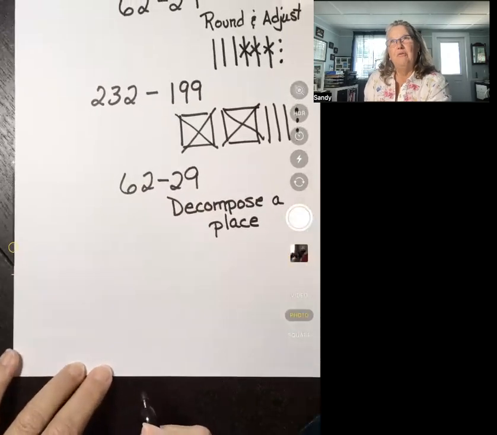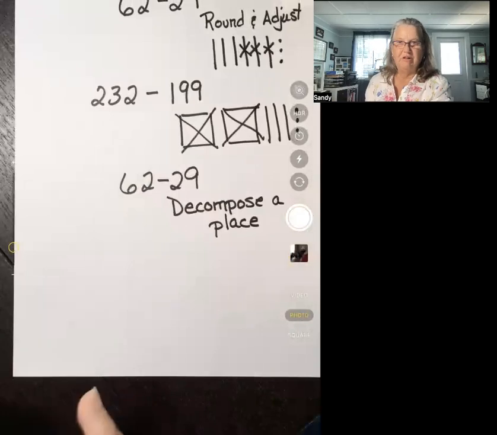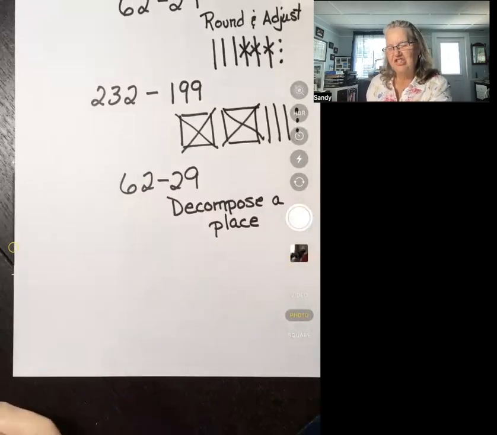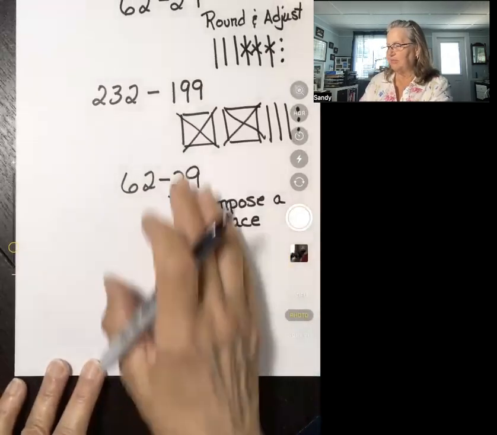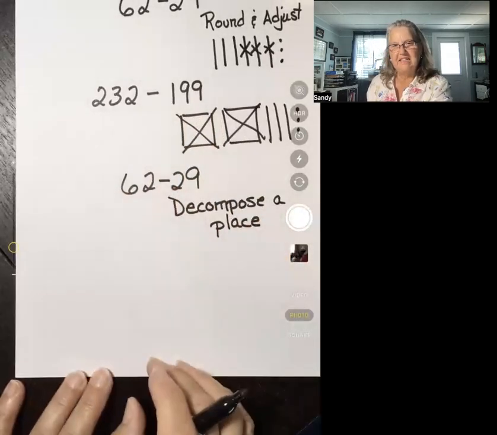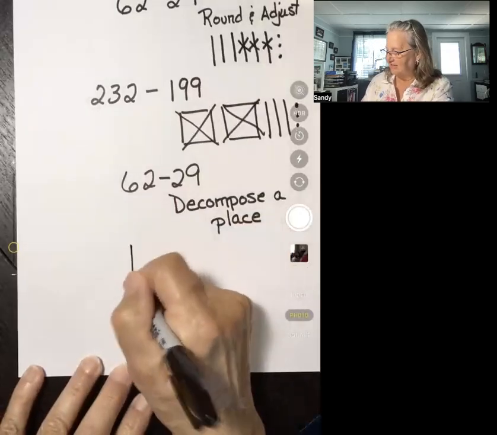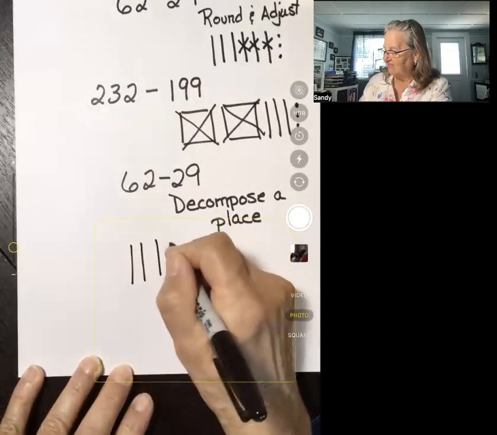We call it decompose a 10 in grade 1 because we're usually working with combinations less than 20 and then starting to get into some teen numbers. Here, because we're going to be moving into 3-digit numbers, I can decompose a place, break it up, instead of exchanging or thinking of an equivalent way.